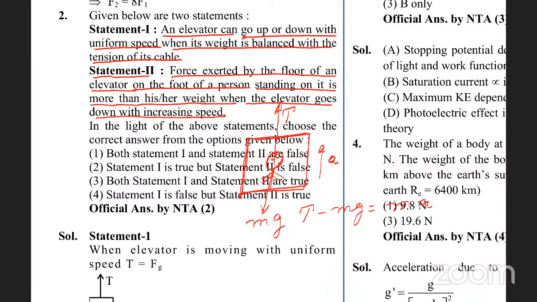If it is moving down, then mg minus T is equal to m into a. So it depends on the direction.